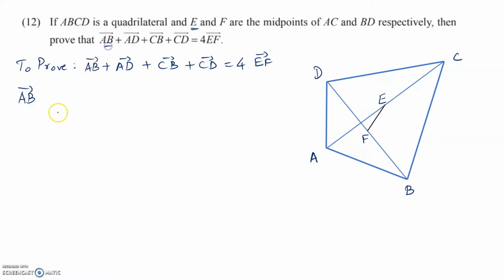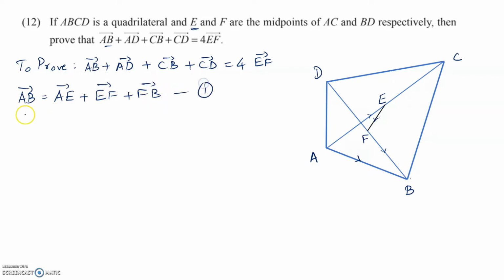The vector AB can be written as AE plus EF plus FB.